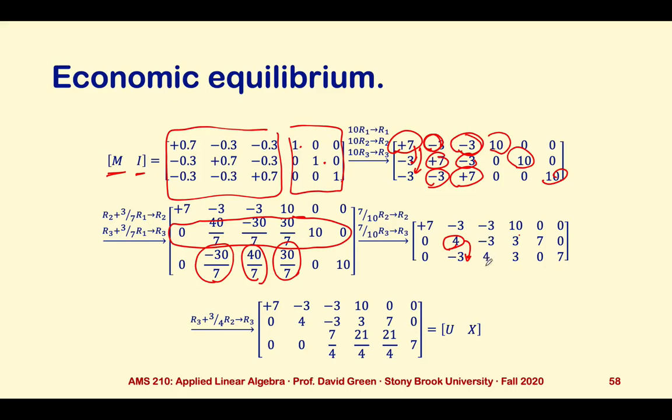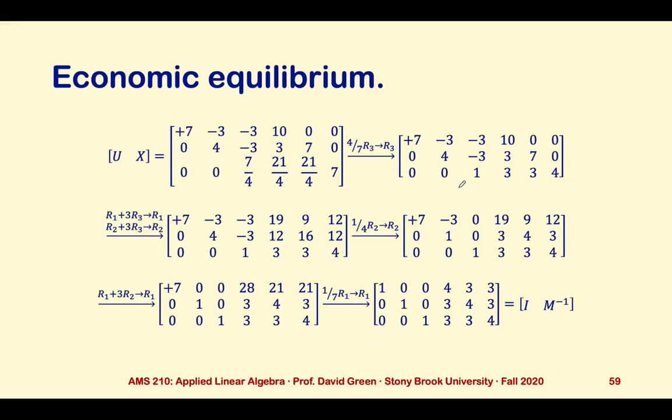That's 16/4 minus 9/4, or 7/4. 3 plus 3 times 3/4 is 12/4 plus 9/4, or 21/4. 0 plus 7 times 3/4 is also 21/4, and 7 plus 0 is 7. This is now an upper triangular form, 3 pivots with zeros everywhere to their left. We're ready for back substitution.